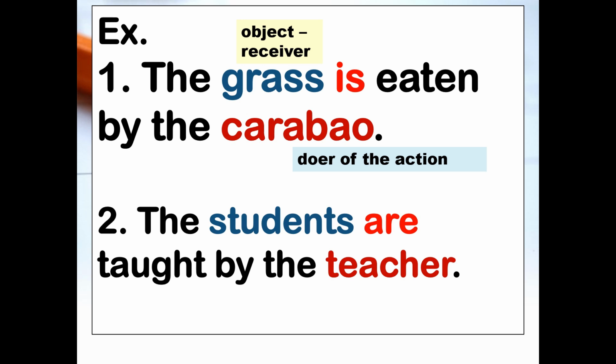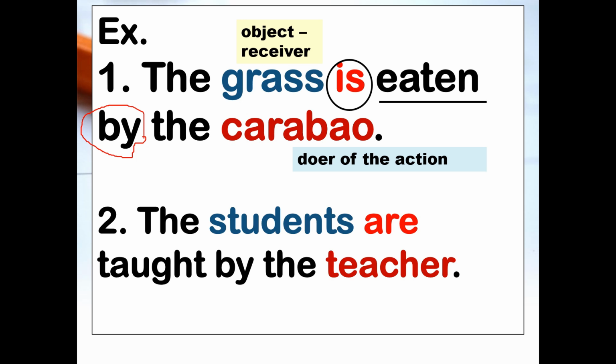So the spotlight of the sentence is now the grass and not the carabao. And then we have the linking verb is, and we have a past participle form of eat, which is eaten. Okay, so try to familiarize the pattern. And then in the passive form, we do have the by preposition. That is one indicator that it is in passive voice.